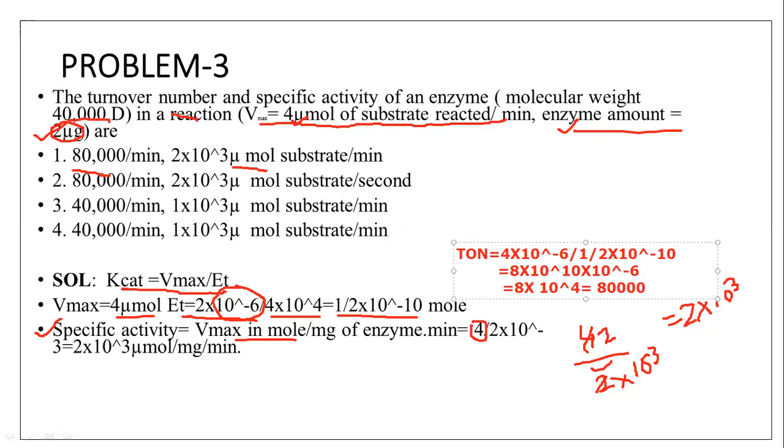So 8 into 10 to the power 4, so 80,000 per minute. In that way we can calculate the turnover number and specific activity.